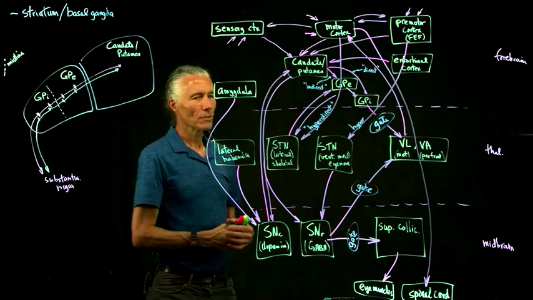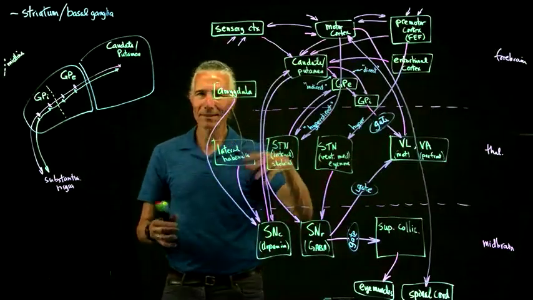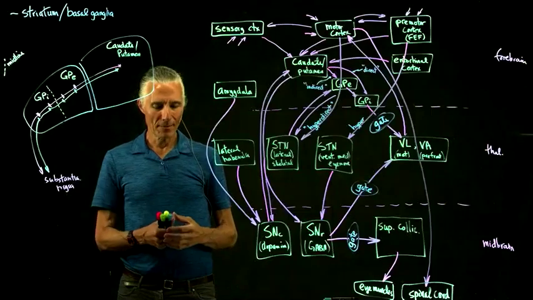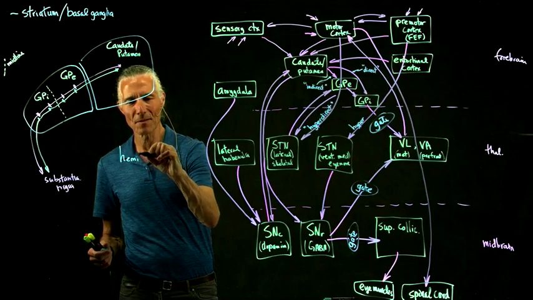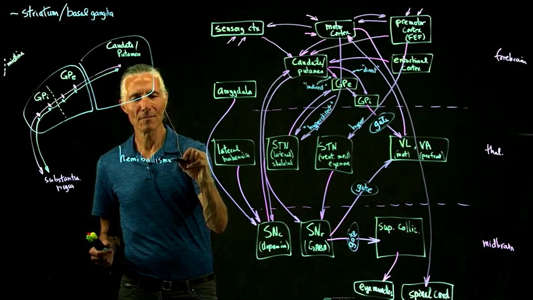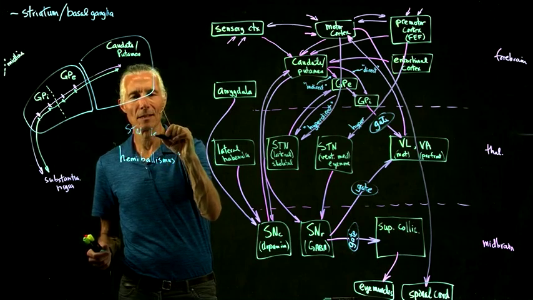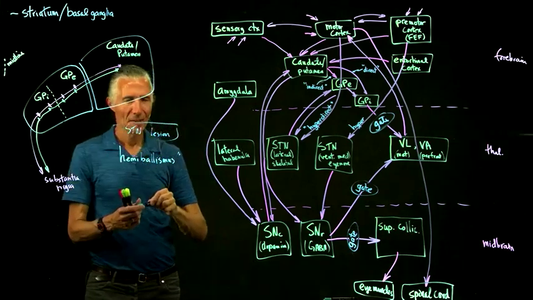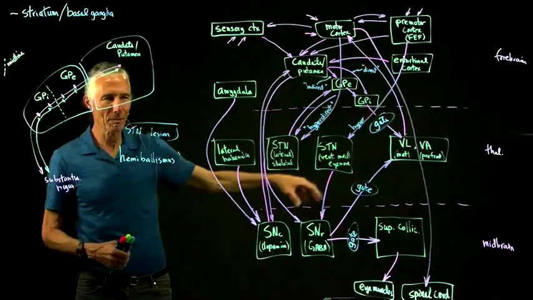If you lesion the subthalamic nucleus, a gross lesion that wipes out the subthalamic nucleus and a bunch of other stuff around there, it gives you something called hemiballismus. It just means ballistic movements that you can't control that happen on one side of your body.